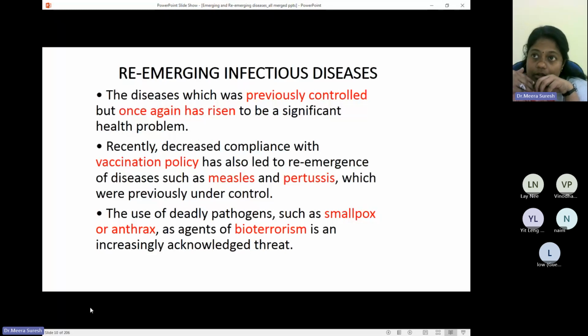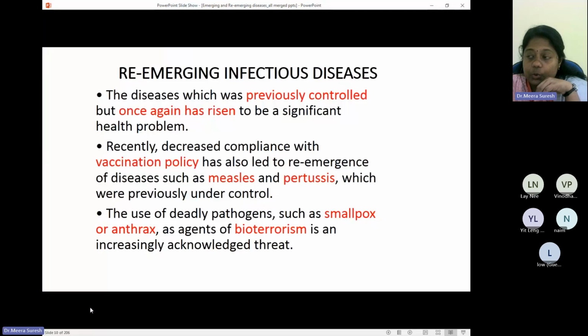But when the people who were against vaccines came up as a group, they started declining to use these vaccines. And as a result, the cases of diphtheria are now re-emerging.